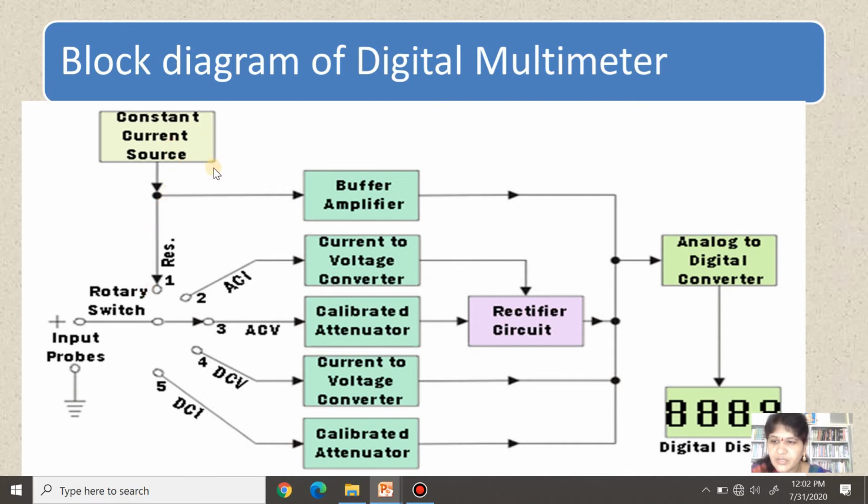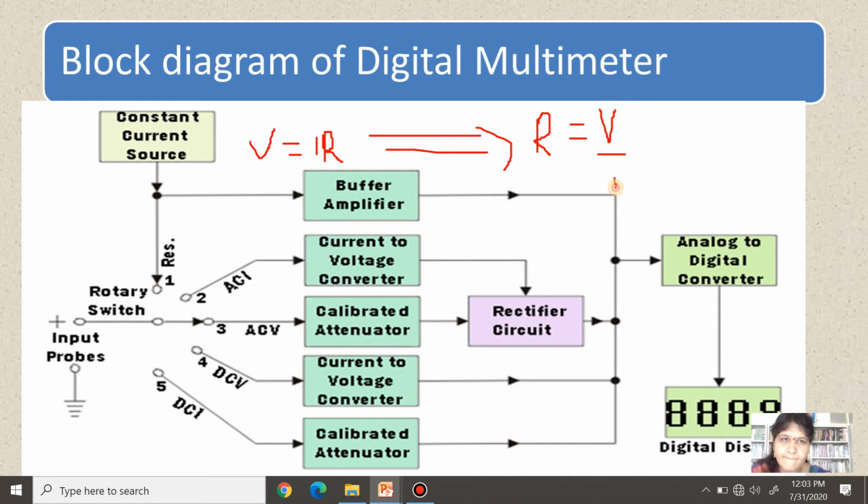Ohm's law is nothing but V is equal to IR, so R is equal to V by I.